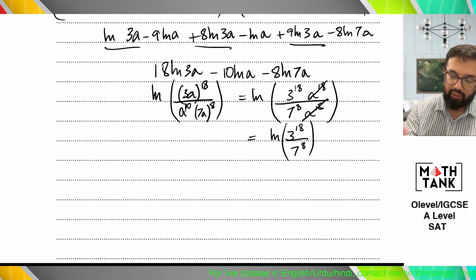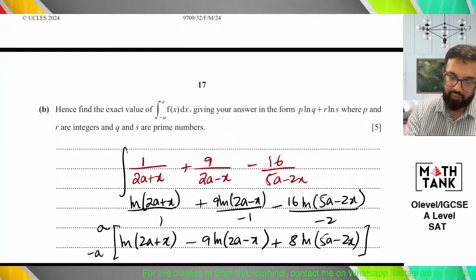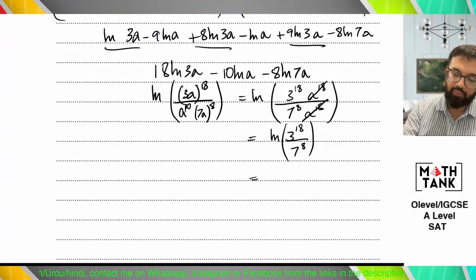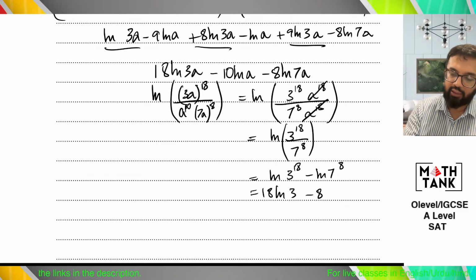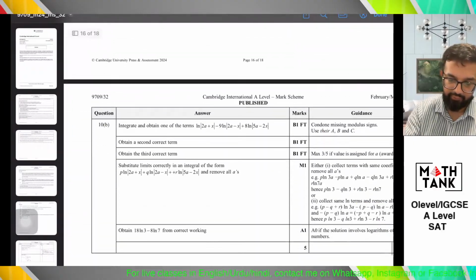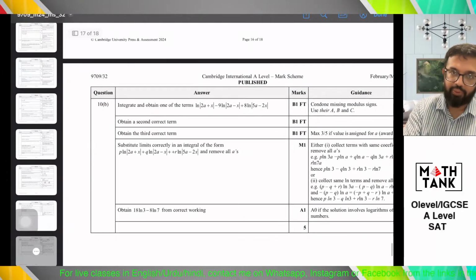I think I should be able to get an answer out of this. P and R are integers and Q and S are prime numbers. Yeah, I think I have my prime numbers. This is going to become ln 3 power 18 minus ln 7 power 8. That's 18 ln 3 minus 8 ln 7. Yeah, that's the correct answer.